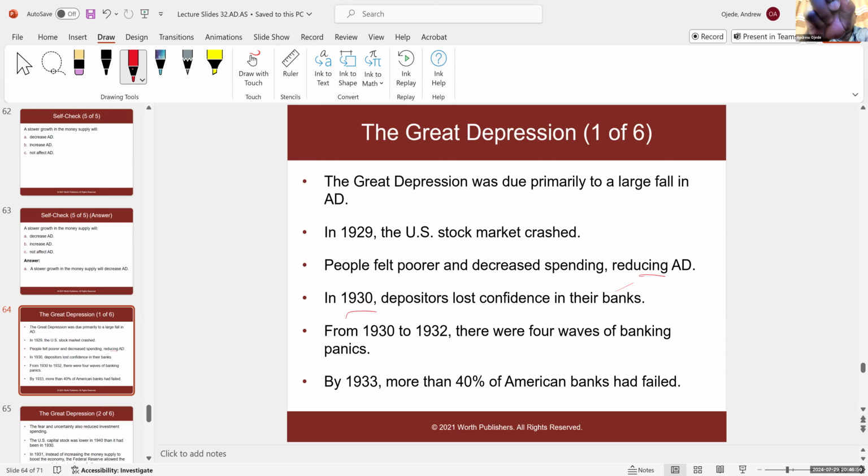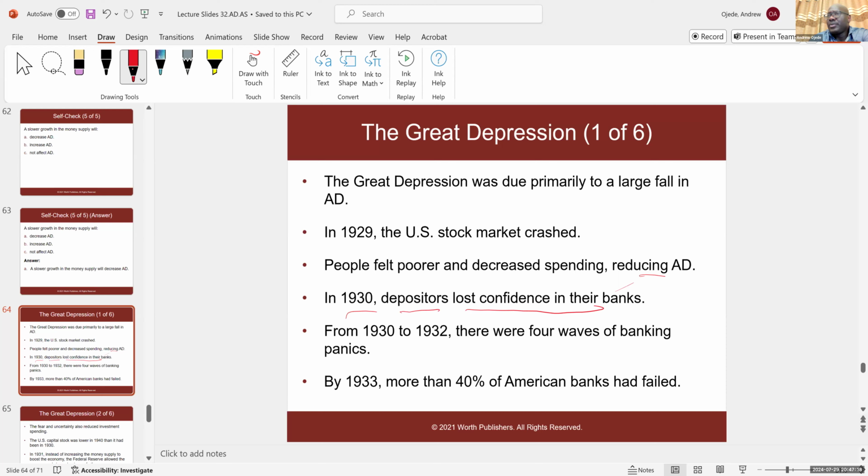So in the 1930s, depositors lost confidence in their banks. Keep in mind that during the Great Depression, we did not have what we have today, the FDIC. You know what the FDIC is, the Federal Deposit Insurance Corporation. The FDIC was formed when President Franklin Delano Roosevelt, FDR, became president in 1934.